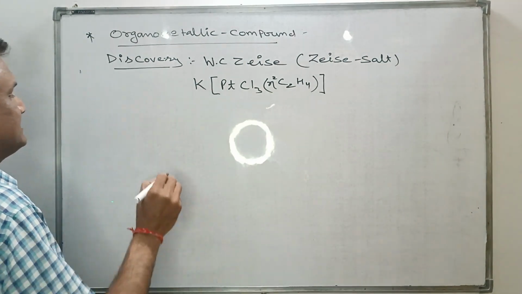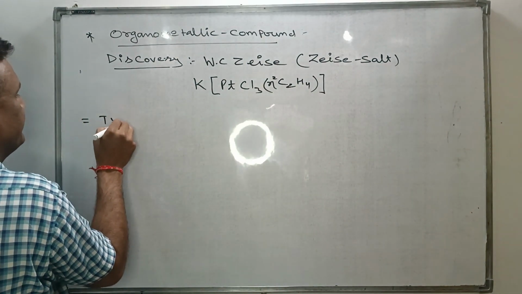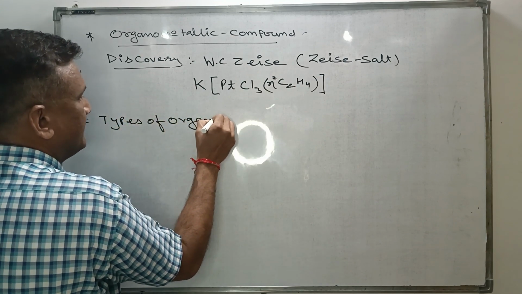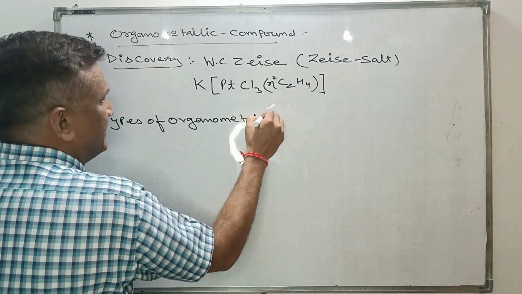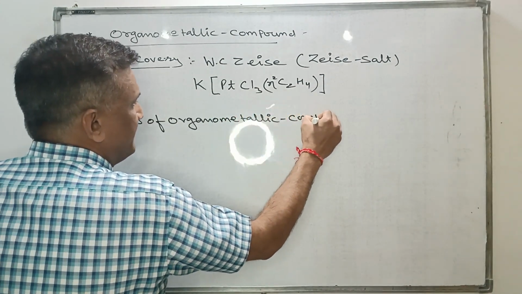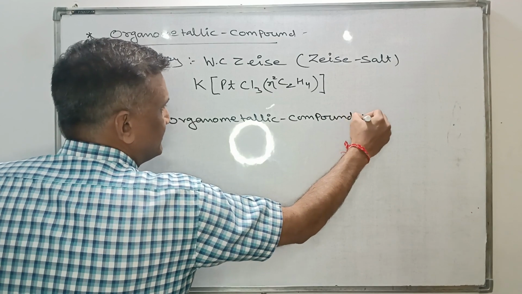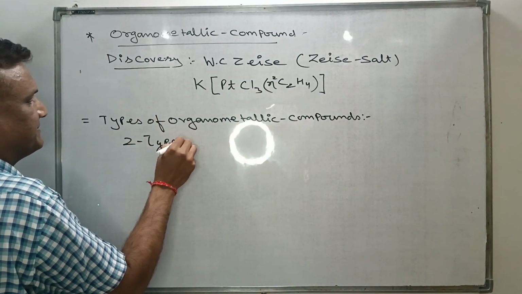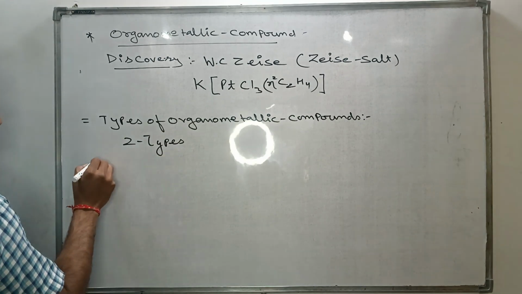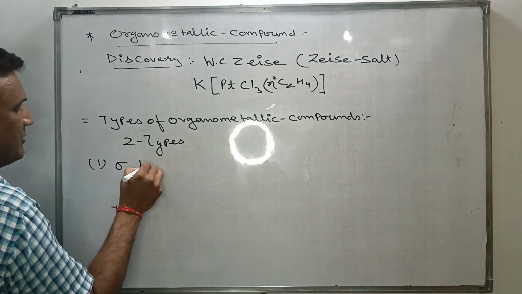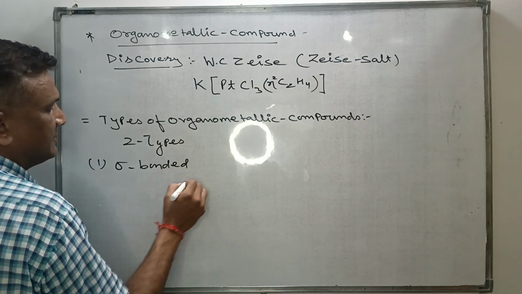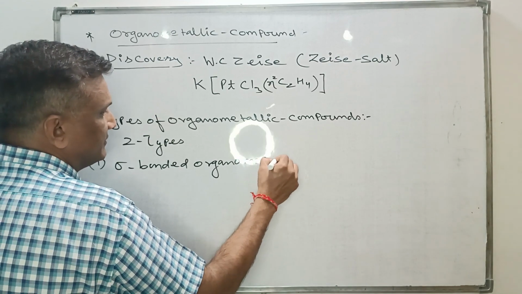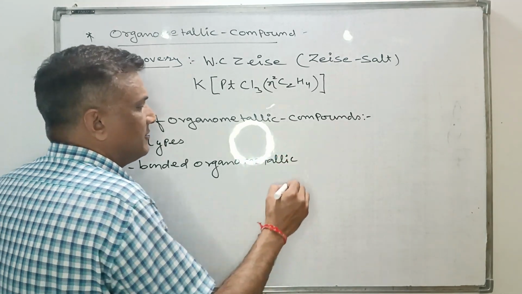If we'll go with the further types of organometallic compounds, then there are two types of organometallic compounds. One of them is your sigma bonded organometallic compound.